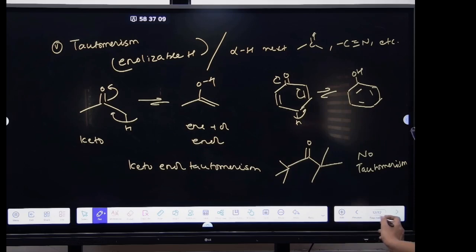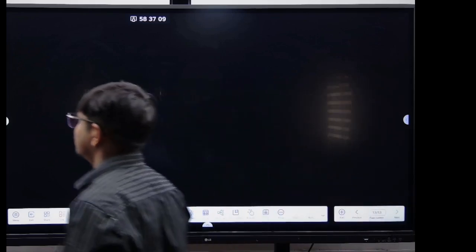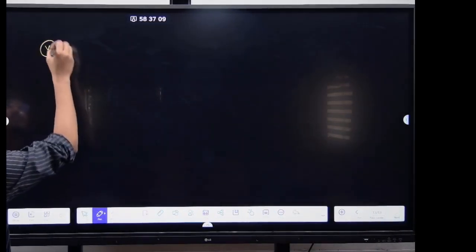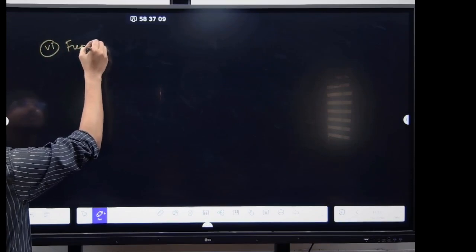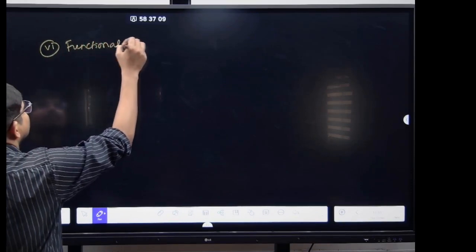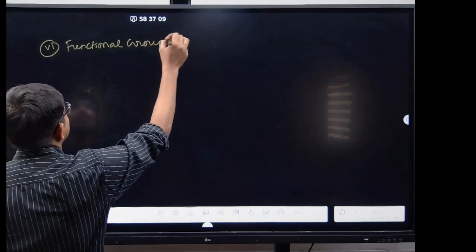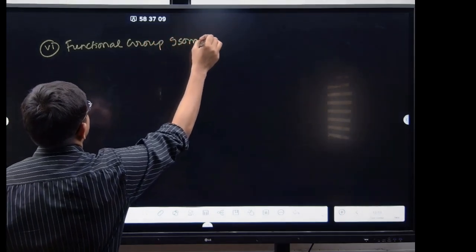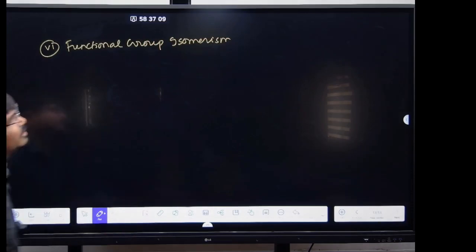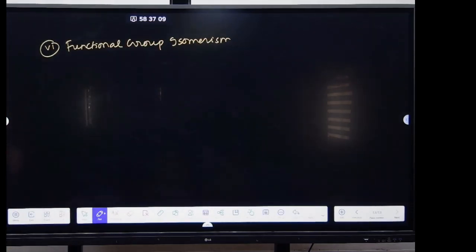Functional group isomerism. See here, the sixth one is your functional group isomerism. Functional group isomerism I'm talking about, right? What is the meaning of the term functional group isomerism?